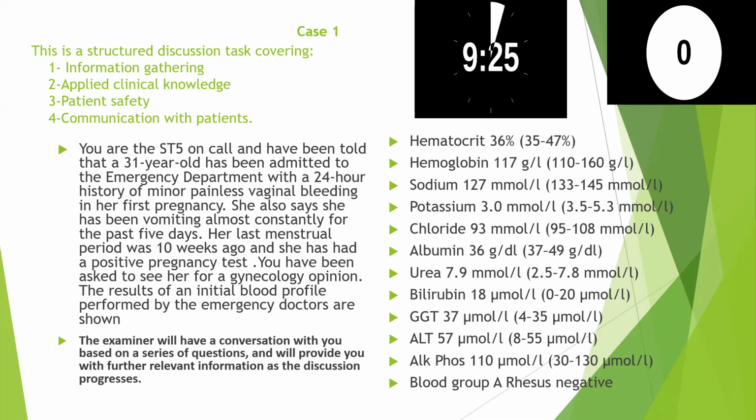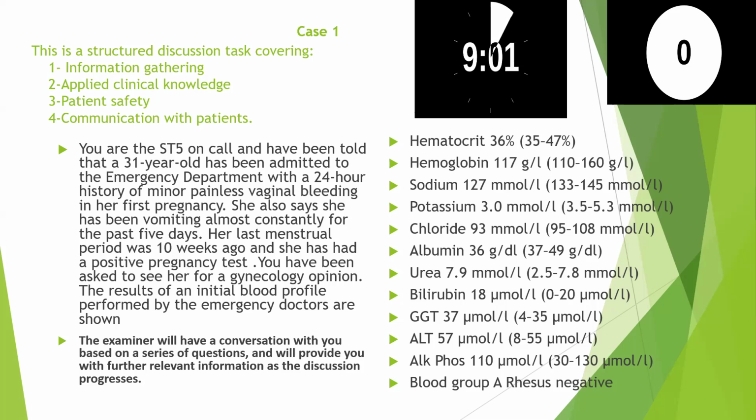So the patient, which I can see, is pregnant, having vomiting and vaginal bleeding. She is 31 years old, and she came to the emergency department with vomiting and bleeding. Her LMP was 2.5 months back, with a positive pregnancy test.